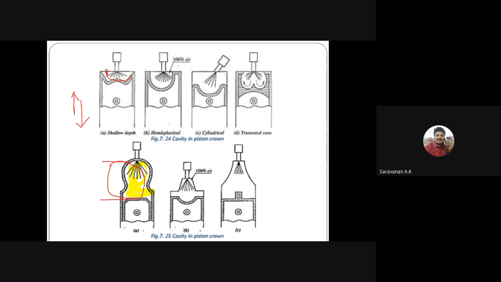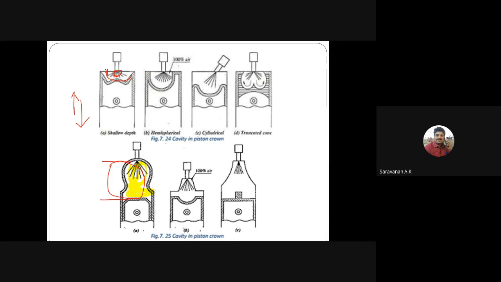The fuel is directly injected into the combustion chamber. This type of combustion chamber is called the open combustion chamber.